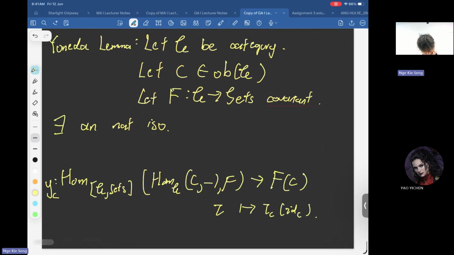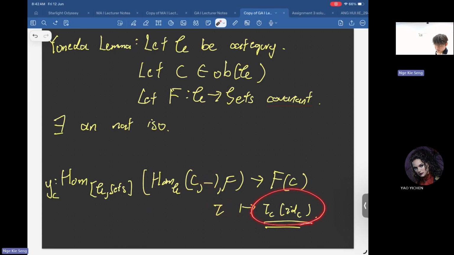Yoneda statement. Let me see. Maybe you understand what's this notation here. Oh, from C to C. Oh, okay.